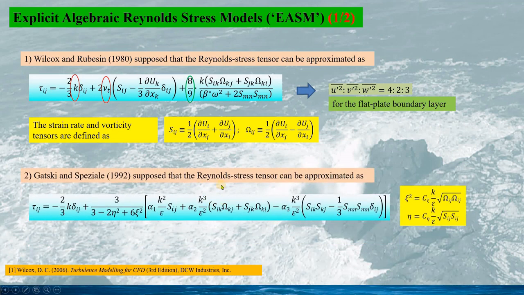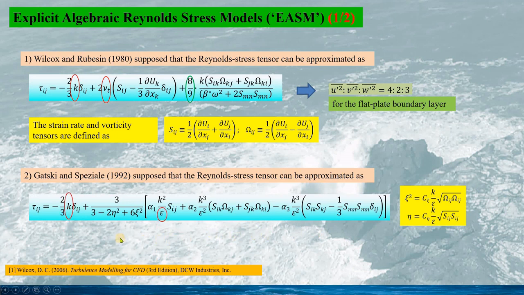And in 1992, Gatski and Speziale proposed a Reynolds stress tensor as this formula, and the parameters xi and eta are calculated as this.